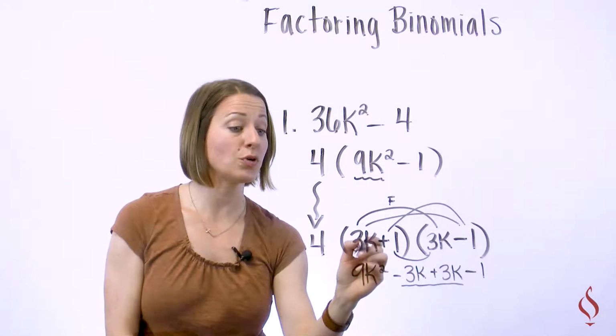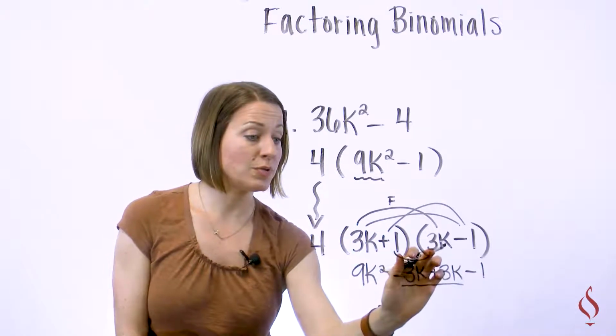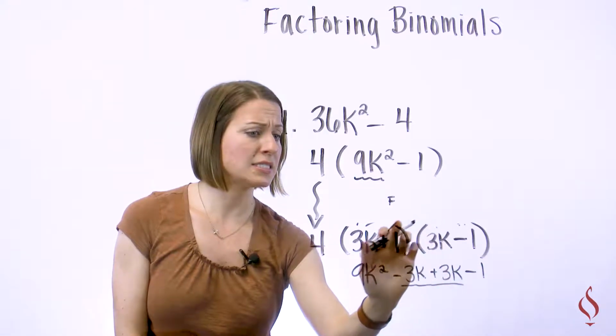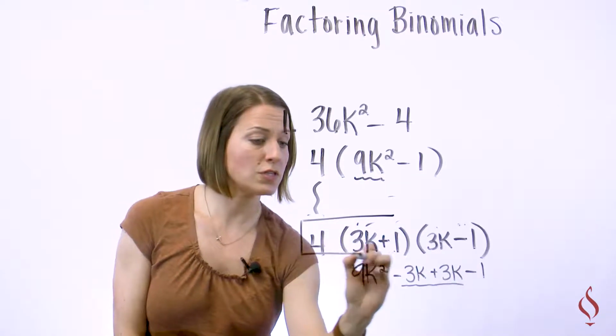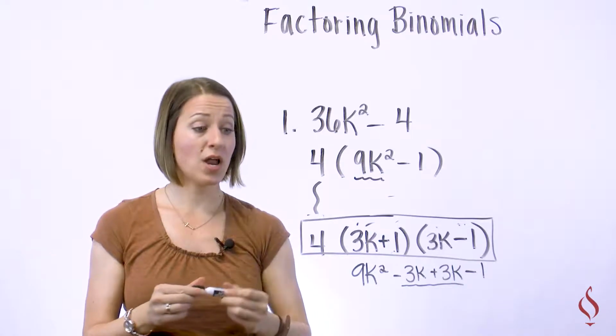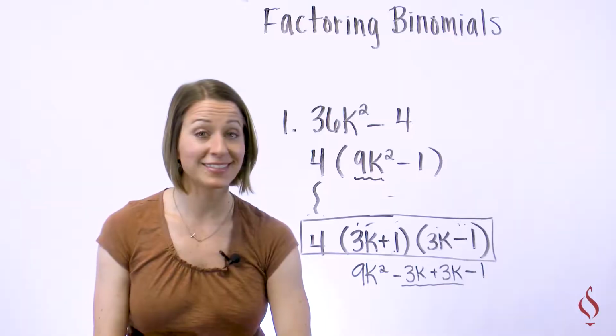So it's super important for one of the terms in your answer to be plus and one of them to be minus. If I go back and erase these little lines, your answer for this problem is 4 times the quantity 3k plus 1 times 3k minus 1.